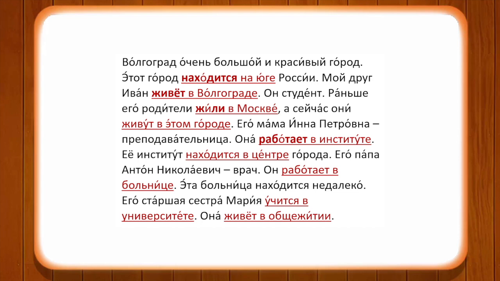For example, преподавательница, we have seen, then врач, etc. Then you have also seen some of the prepositional case, в университете, больнице, в центре, etc. So likewise, you can also go through the text properly and underline all such sentences where we have used the prepositions v and na. I hope this concept is absolutely clear to you all.